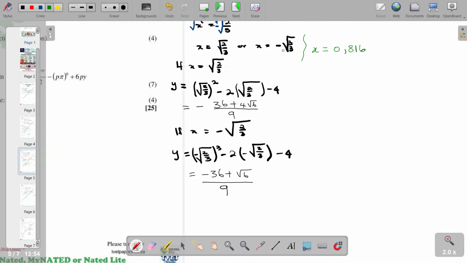And for this other one, which is negative, it's going to be negative 0.816 to 3 decimal places. Then when we go to these answers, this one is going to be negative 5.089. This is the y.